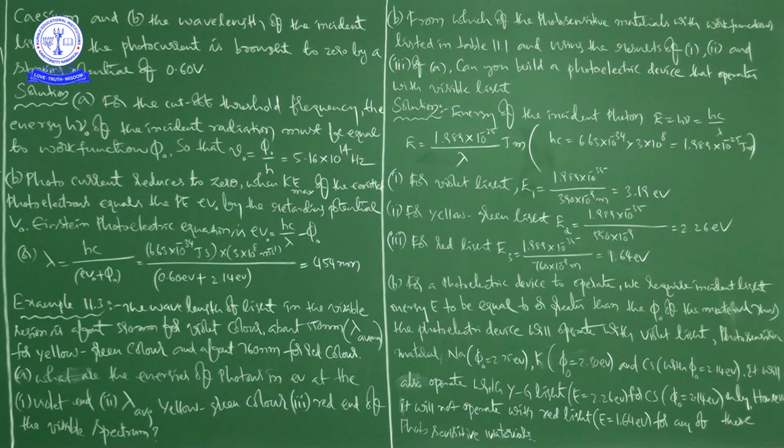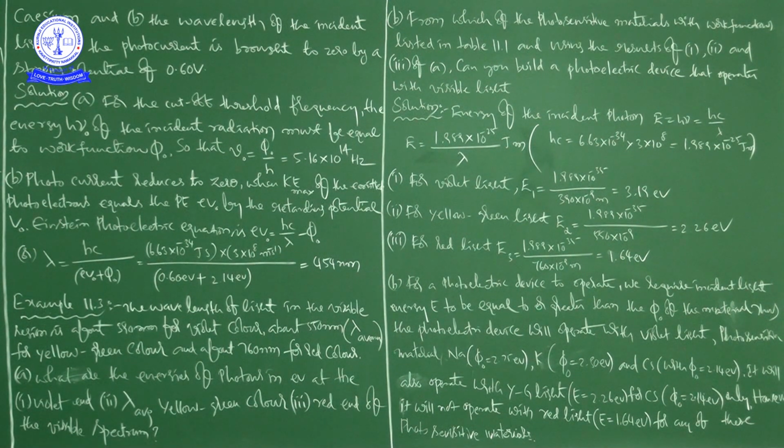Then the lambda value will become 454 nanometers. This is the wavelength of incident light if the photocurrent is brought to 0 by a stopping potential of 0.60 volt.